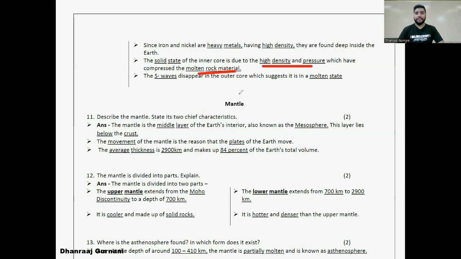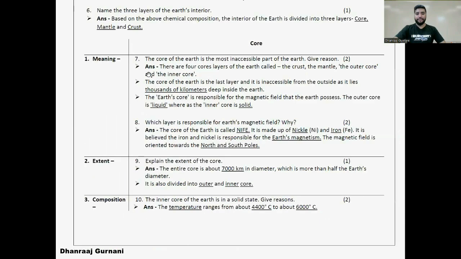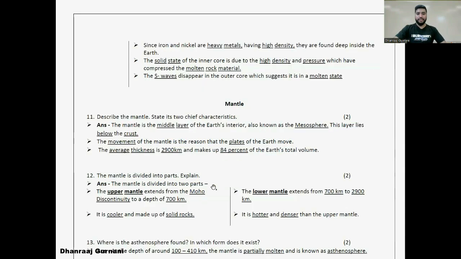S waves disappear in the outer core, which suggests that the outer core is in molten state. Revising question number 10, the temperatures of the core are from 4,400 to 6,000 degrees Celsius.